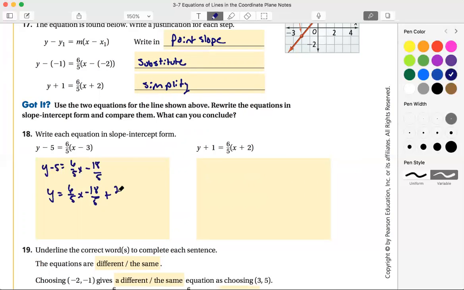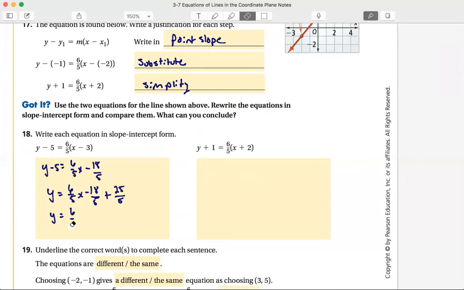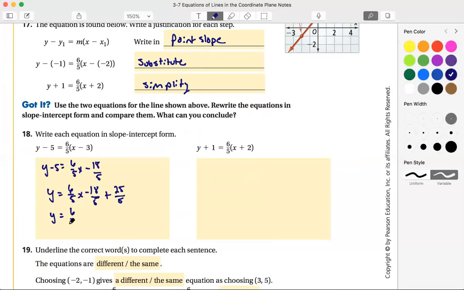When I write plus 5, I'm changing that to 25/5. Same denominator. When I add or subtract fractions, you need a same denominator. So we have y equals 6/5 x, and I'm going to combine my numerators here, and I get plus 7/5. And there is your equation in slope-intercept form.